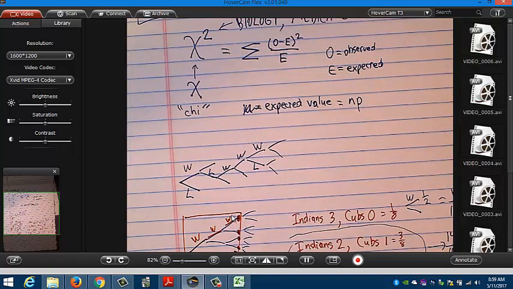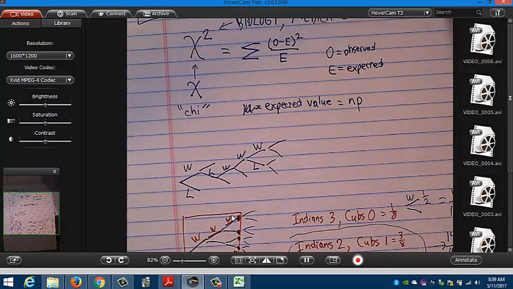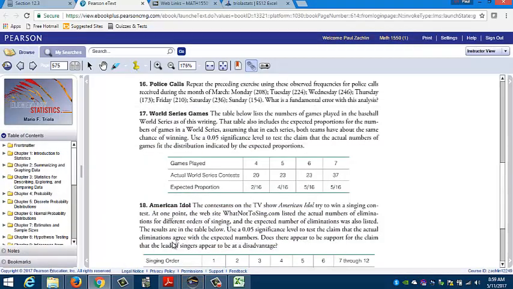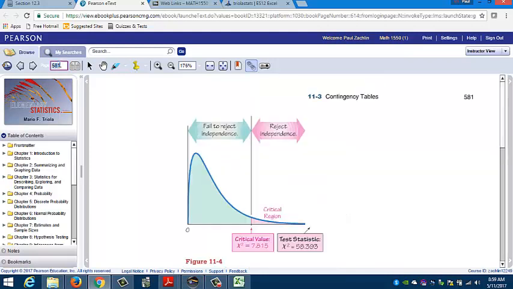So chi-squared, you guys, the picture of chi-squared looks a lot like the F distribution. I'm going to turn to page 581 for 1 second here, and then we'll come back to our problem. Page 581. Again, it's not the same as the F distribution, but it is true that it starts at 0, right?